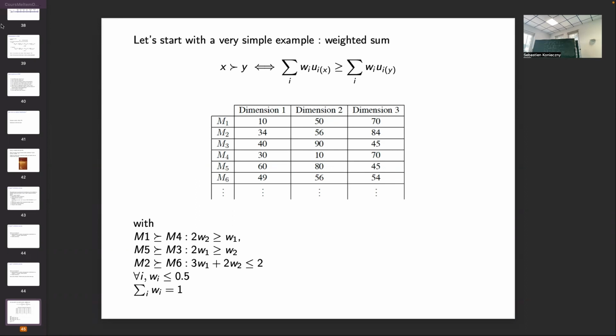So I will write it, okay? Then if you do this, you will find that 2W2 must be greater than W1. So you have a linear constraint here.